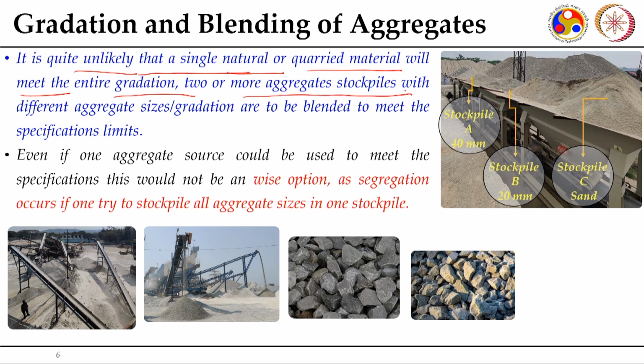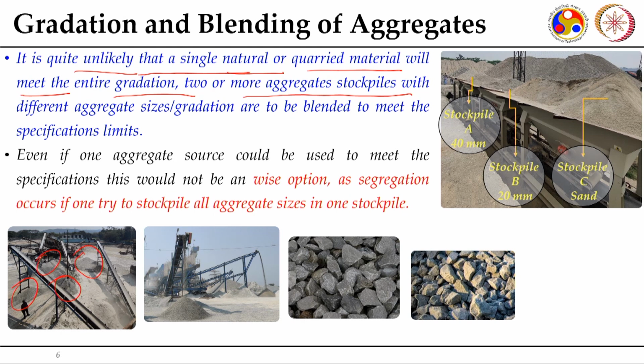So it is quite unlikely that a single natural or quarried material will meet the entire gradation. You need two or more aggregate stockpiles. You can see this is an aggregate crusher, this is one stockpile getting generated, second stockpile, third stockpile, fourth stockpile. Stockpiles mean aggregates of different sizes. One stockpile will have aggregate gradation varying over 3 to 4 sieve sizes, and then the other one will vary differently.